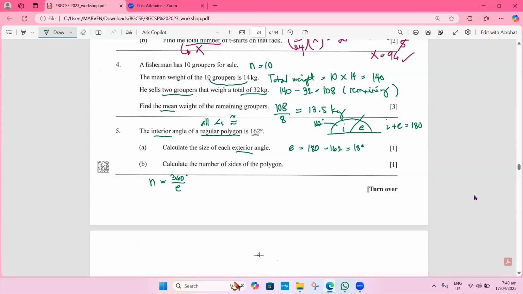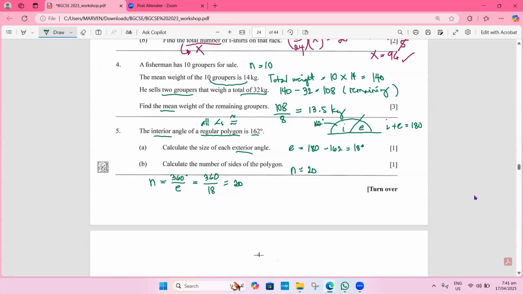So therefore, we have 360 divided by 18. And that will give us 20. Okay? So the number of sides is 20. It's a 20-sided polygon.